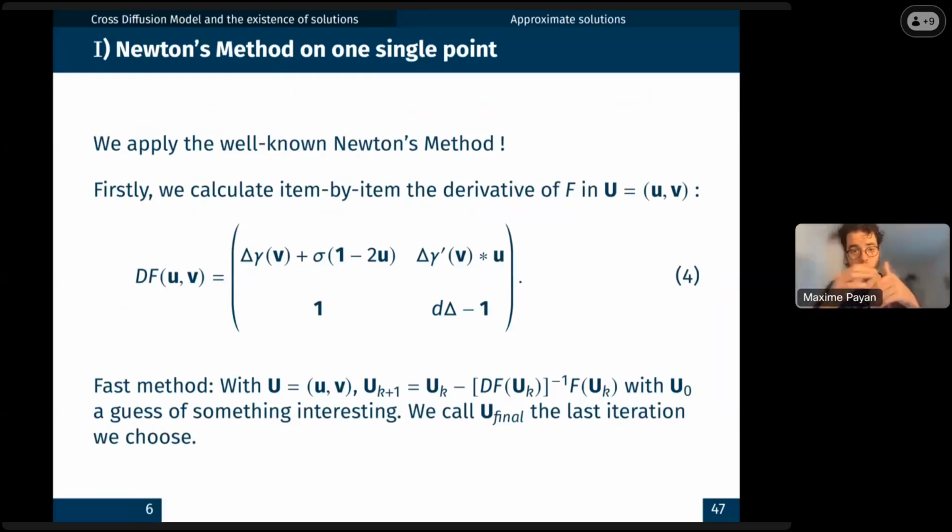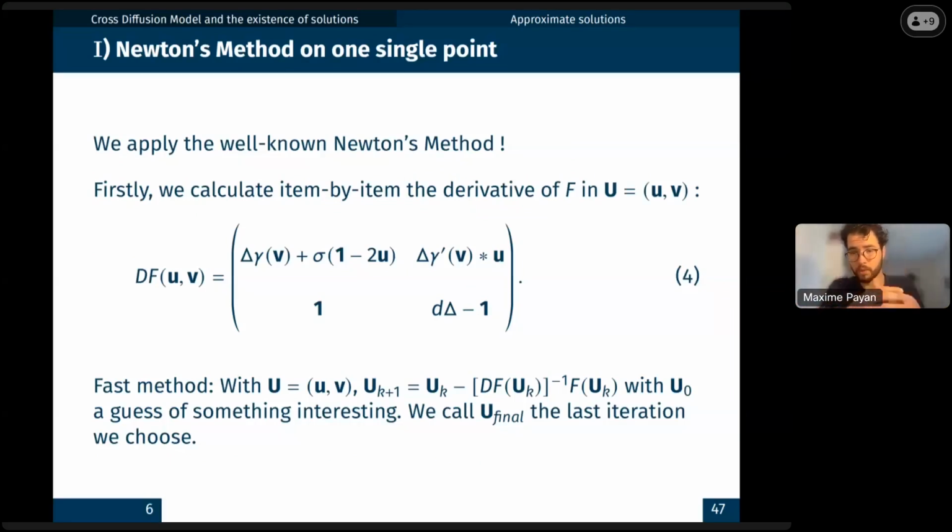So what do we do? We just calculate item by item the derivative of f in the vector uv. Infinite sequences, but naively we can truncate them. And we have this object, a matrix of vectors. Then we just apply the Newton's method.